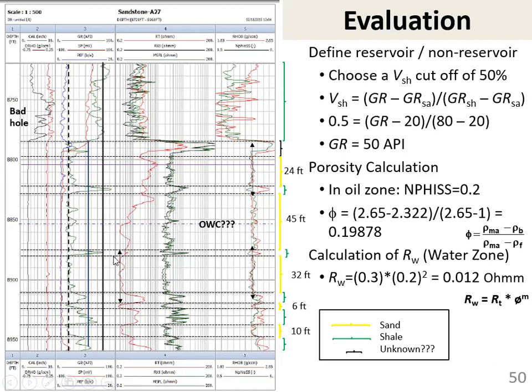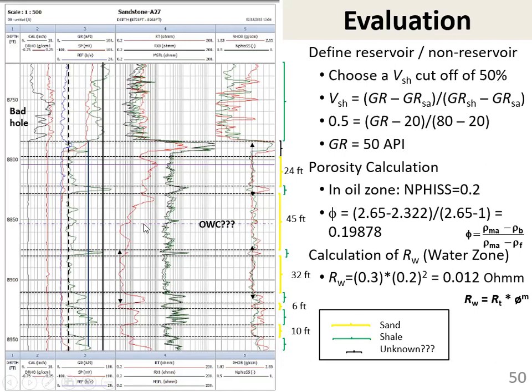Now, note that I have put an OWC and I have put it with question marks. There's little to establish this claim of an OWC. Even though if you check the interpretation of the Prof in the book, you might be able to infer.